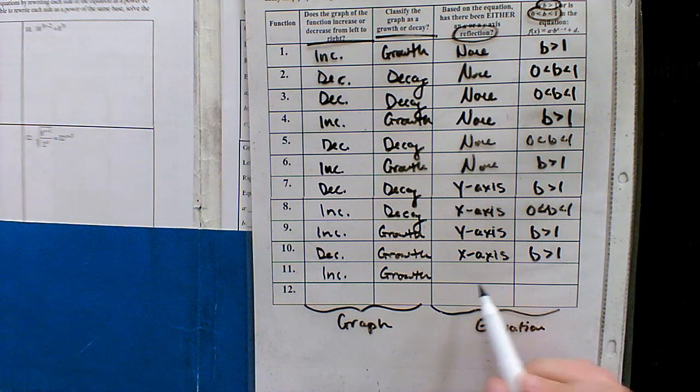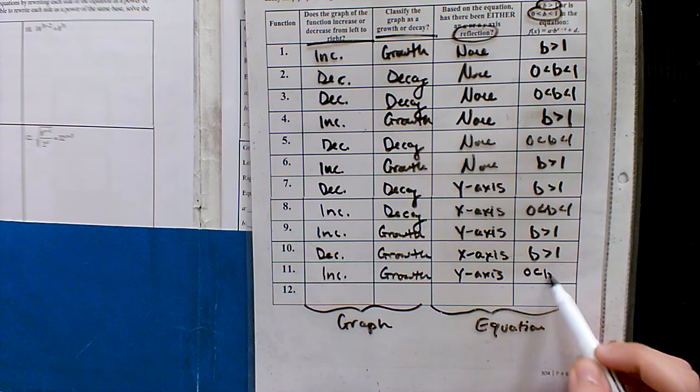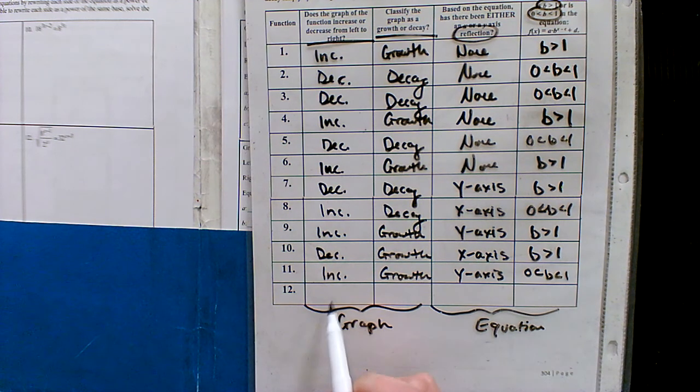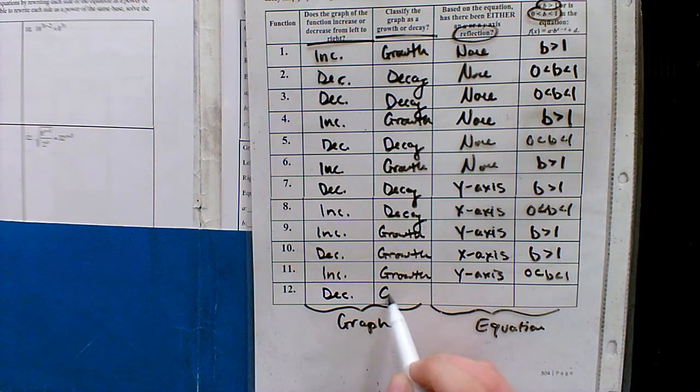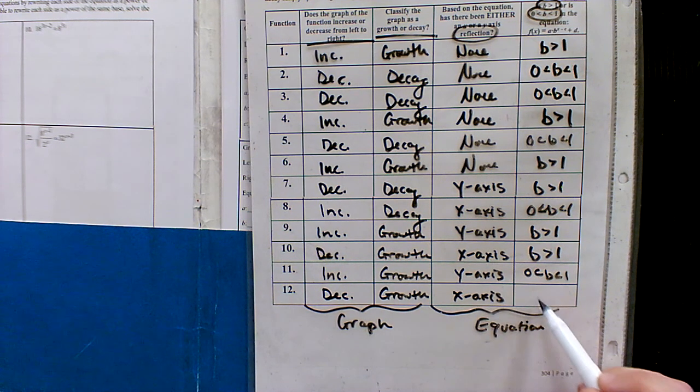Olivia, our equations. In between 0 and 1 looks good. All right, Elsie, graphs for 12. And growth. Okay. And Lainey, you're going to end things with us with the equations. X-axis and B is greater than 1. How do we do? Perfect.